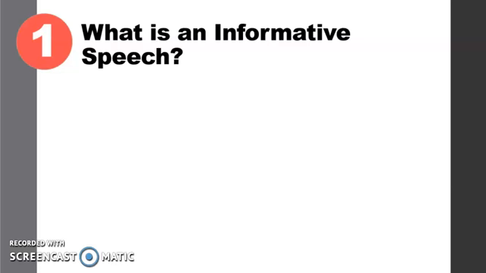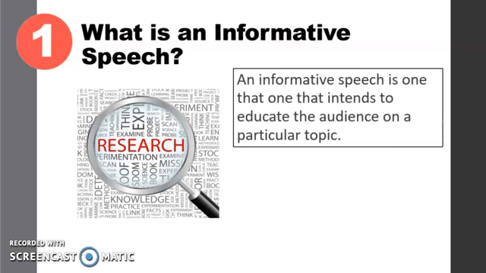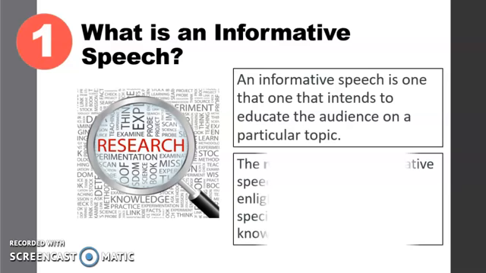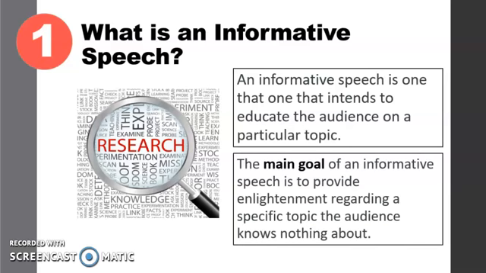Now, what is an informative speech? An informative speech is one that intends to educate the audience on a particular topic. The main goal of an informative speech is to provide enlightenment regarding a specific topic the audience knows nothing about.